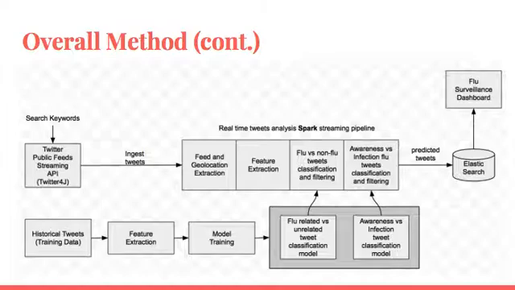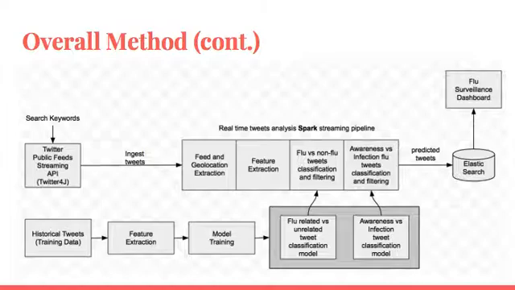This is the diagram of our overall method. We have historical Twitter data with labels, and we use this as training data to extract features and train both classifiers. We also have the prediction model.